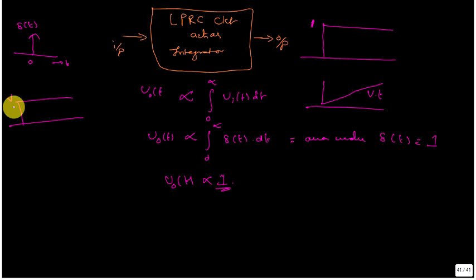The magnitude of the step signal will be equal to the slope of the ramp output. So if you apply impulse input, you will get step output. Otherwise, if you apply step input, you will get ramp output.